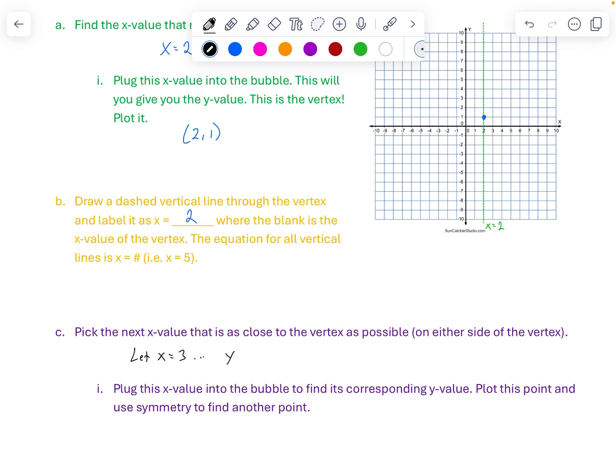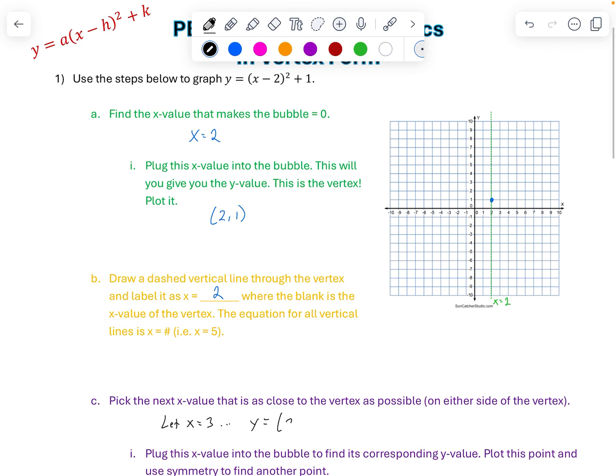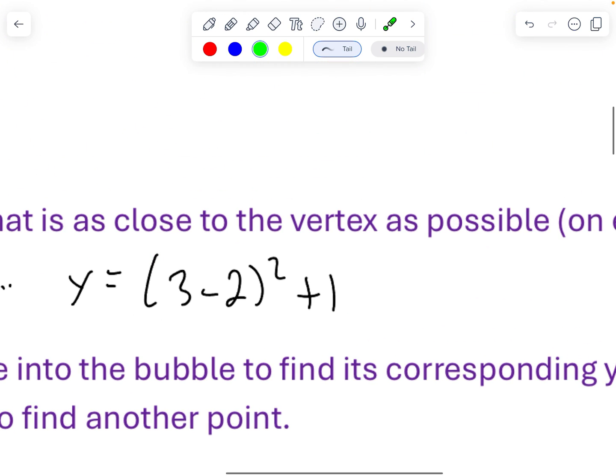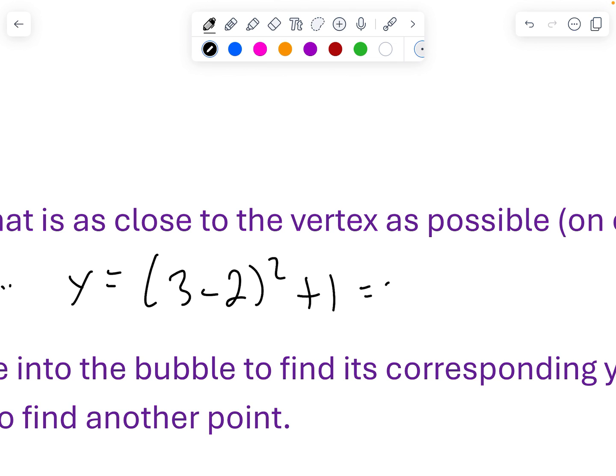And then y equals (3 minus 2) squared plus 1. That's just me putting a 3 in right there. 3 minus 2 is 1. 1 squared is 1. 1 plus 1 is 2. So you get y equals 2.